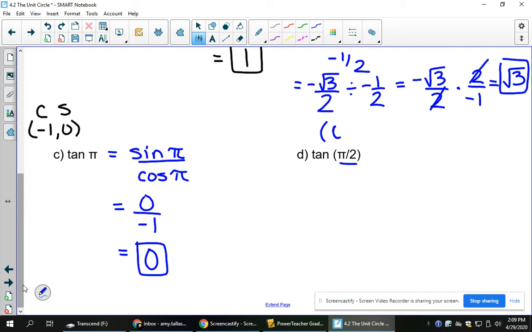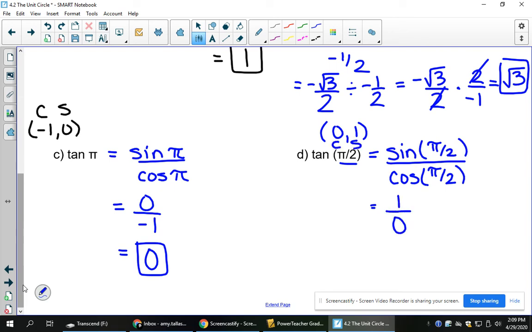Well, that would be 0 in the x direction and 1 in the y direction. This is sine of pi by 2 over cosine of pi by 2 according to the formula sheet. This is going to be cosine, sine, 1 over 0. We just talked about this. I can't give you one Skittle and you divide it into 0 groups because you have one Skittle.